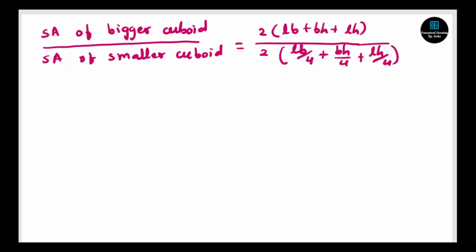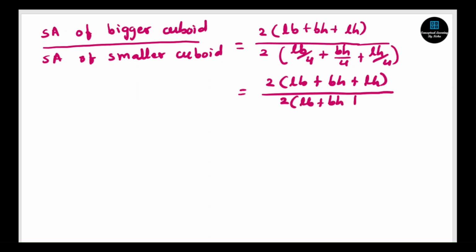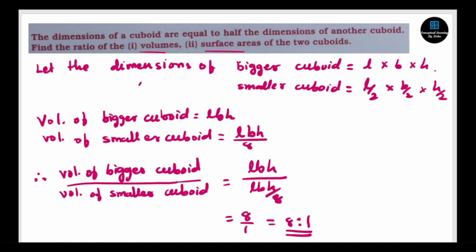And now when I simplify this, what do we get? 2 times LB plus BH plus LH upon 2 times LB plus BH plus LH whole upon 4, and this 4 I can take on top and I can cancel out and we'll get 4 upon 1. So the ratio is 4 is to 1. So this is my final answer for that. I hope you understand this, right? Okay.